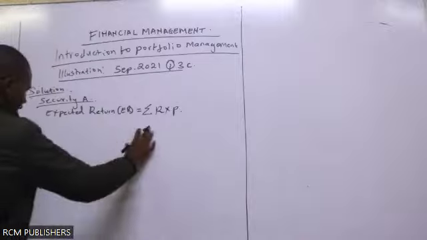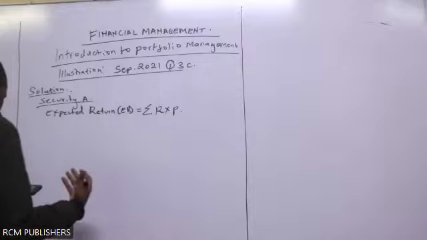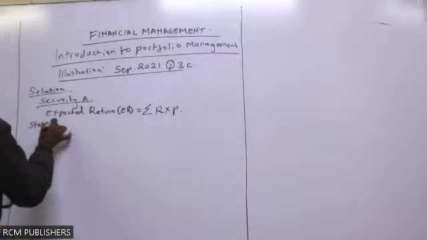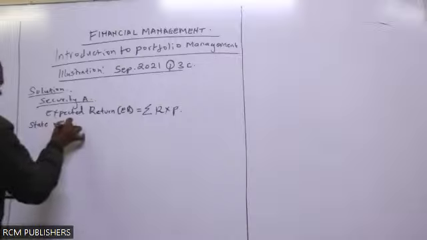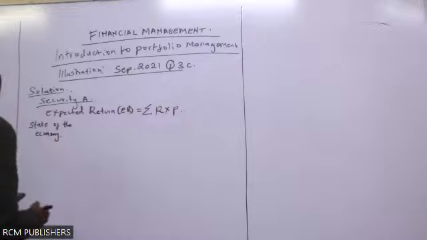So I'm under security A. I have the state of the economy. Of course, that is my start point. To arrange my work very well, I have to start with the state of the economy. That is where you start. No problem here.